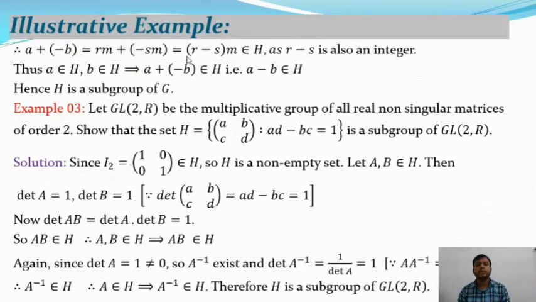That means after taking m as common, from this you get (r minus s) m, and it also belongs to H, as r minus s is an integer. So thus a belongs to H, b belongs to H implies a plus of minus b also belongs to H. That means a minus b belongs to H. So hence H is a subgroup of G.